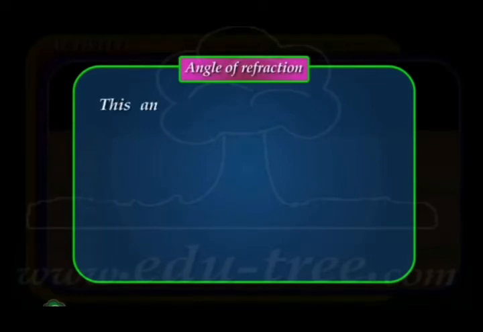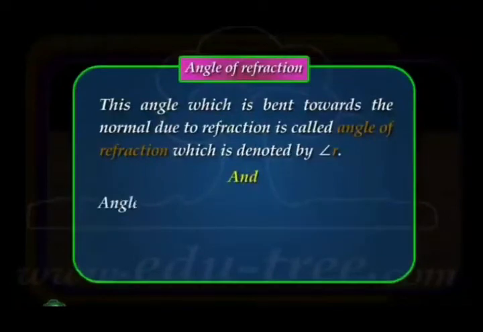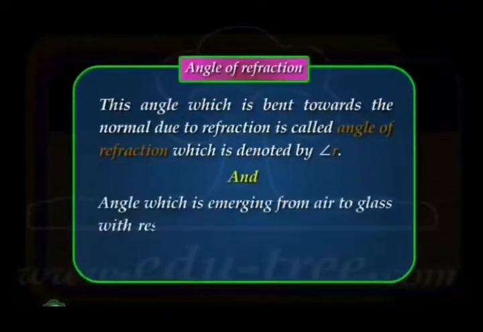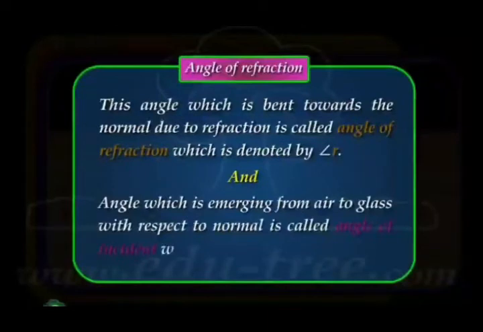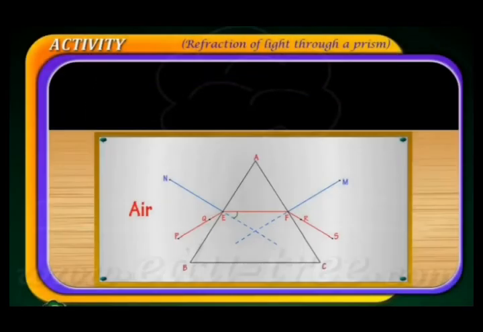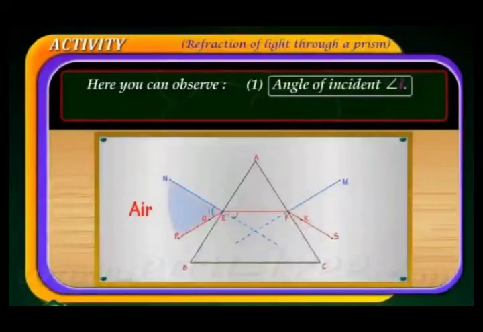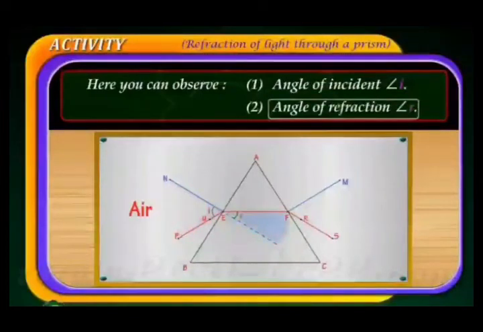The angle which is bent towards the normal due to refraction is called the angle of refraction, denoted by angle R. The angle of the ray entering from air to glass with respect to the normal is called the angle of incidence, denoted by angle I. Here you can observe angle I and angle R.